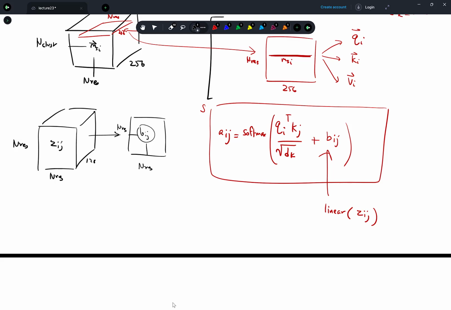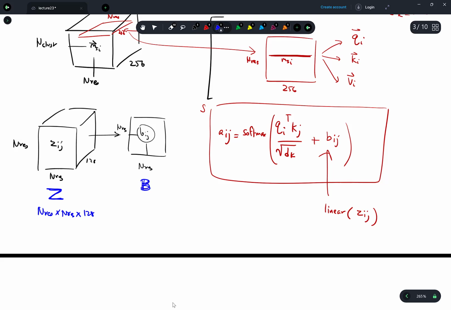So in terms of tensor operations, you'll just do a linear layer on that tensor to get a B tensor. So if this is a Z tensor, this is a B tensor. If I call this big thing Z, which is a 3D tensor, nres by nres by 128, this tensor is a B tensor, which is just an nres by nres.